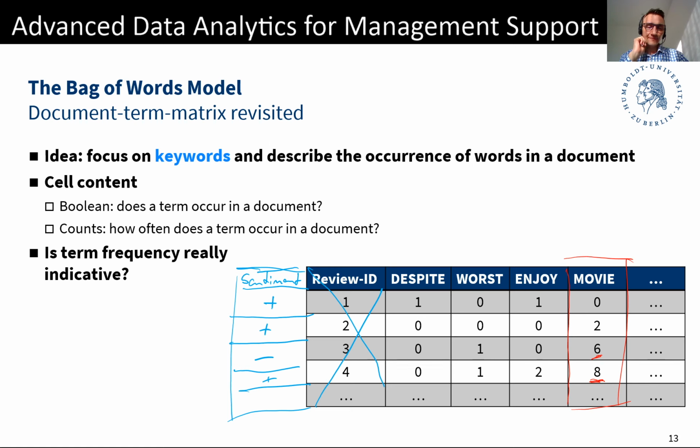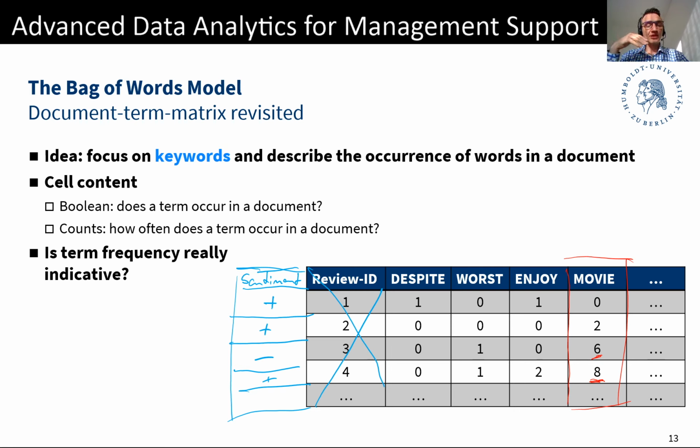The word movie, remember my setting, this is meant to resemble a database of IMDB reviews. These are reviews of movies. It's not surprising at all that the word movie is used in many of these reviews, is it? It's a no-brainer if you think about it that the word movie is used a lot.